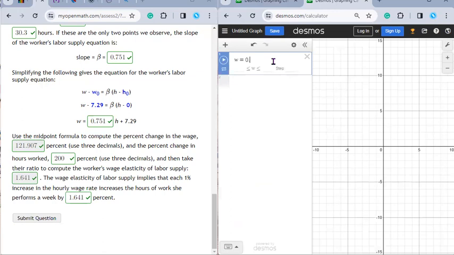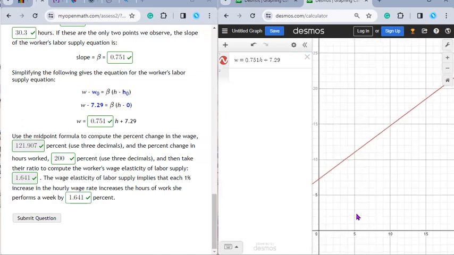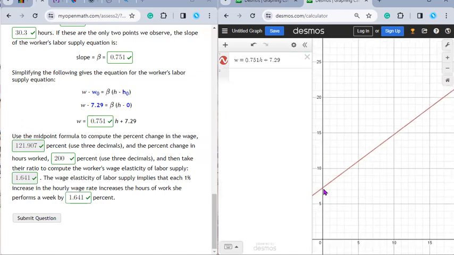It equals 0.751 H plus 7.29. So this red line would be that person's labor supply equation. And as the wage rises, this person generally works more.